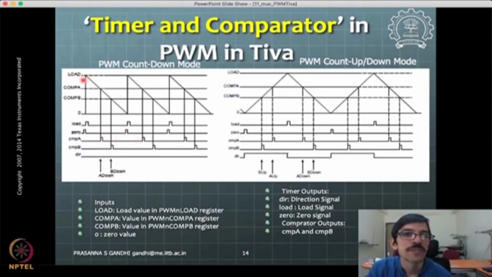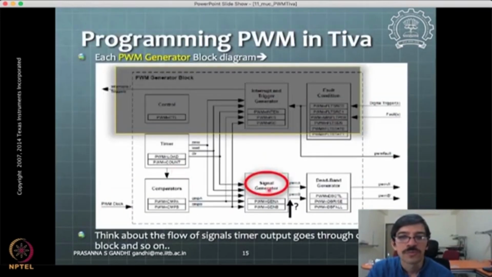Say this load corresponds to some kind of frequency. That could be my PWM frequency, and then this compare A value, whatever I am writing, can give you some kind of handle over what should be my PWM duty cycle, things like that. So one can think about that kind of logic to do the signal generation in the signal generator block.